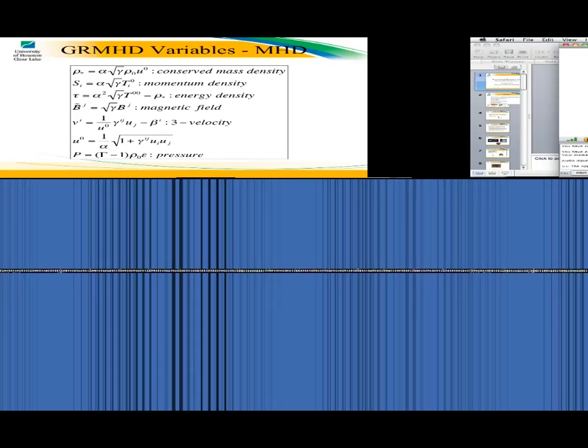You can also see you evolve this, and the 3-velocities are calculated from these. And then you've also got this term, which is sort of like the time component of the 3-velocity. Does that make sense? It's like the 0th component of the 4-velocity. And then you've got pressure, which we're calculating using a gamma law equation of state. For an ultra-relativistic system, gamma here would be 4/3.